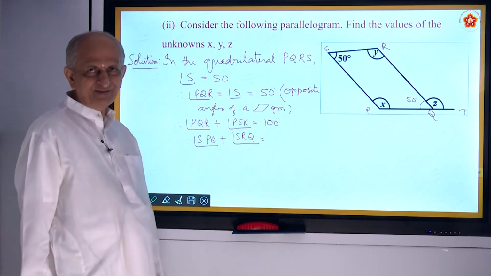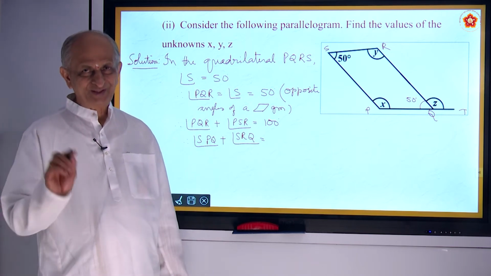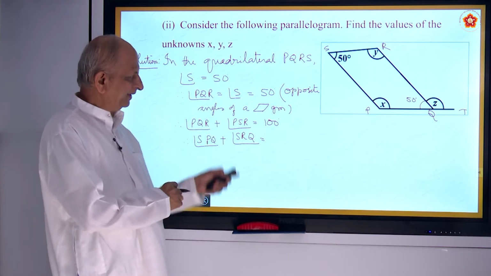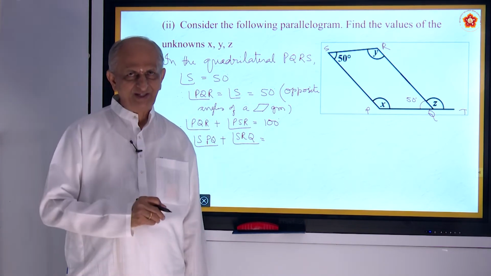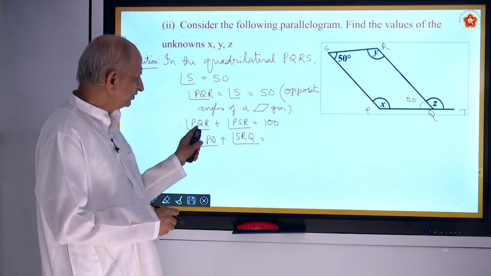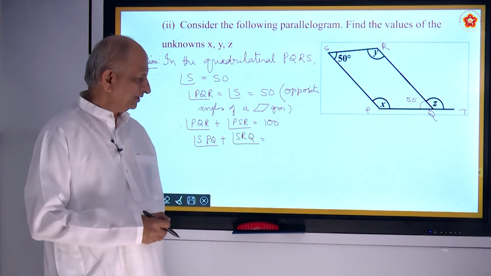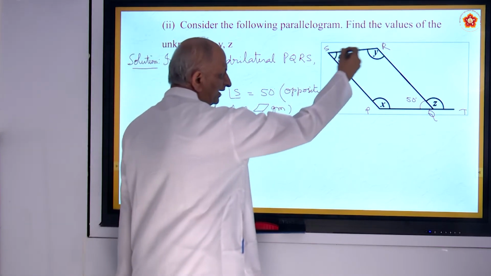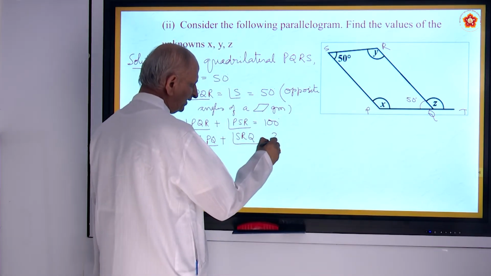Are you writing down? Do not look here and there, write down. As it is a simple one, I am not giving much details, you can understand. So, here the sum of the two angles is 100 degrees. So, what is the sum of the other two angles? But the sum of all the angles is 360, correct?